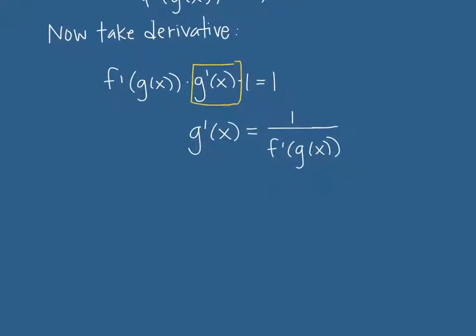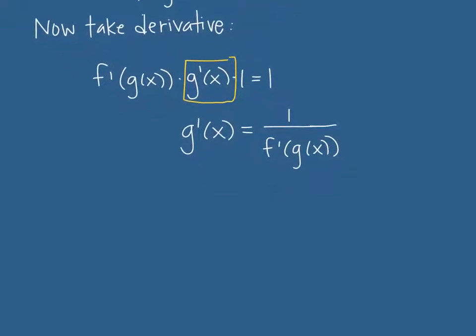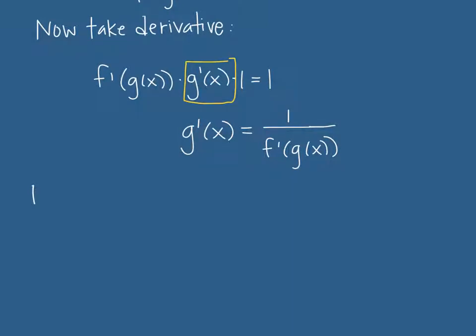Now we want to stop and pause and plug in a particular value. Okay? So I want you to recall that g of b, if g is the inverse, what should I end up with? What is g of b paired with? A. So then what would g prime of b be? What would it work out if I plugged b into the derivative?